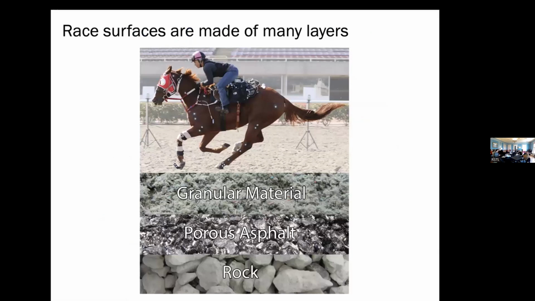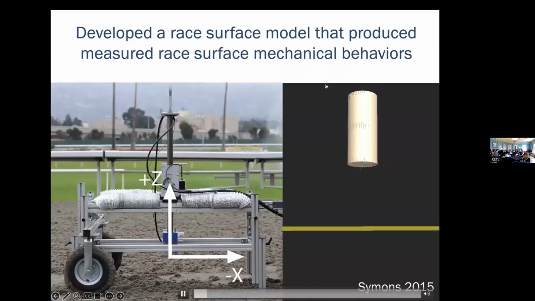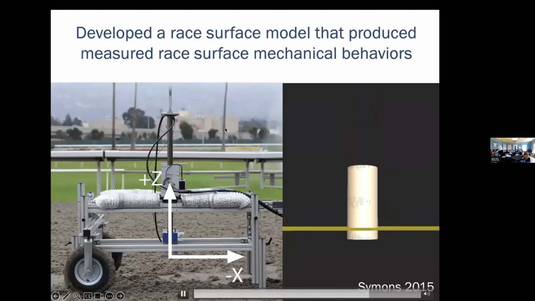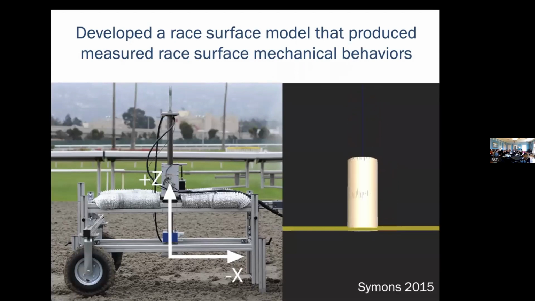Race surfaces are made of many different layers, so the behavior of the surface is the composite behavior of not only the cushion, for example, but the pad, the base, and things that are underneath it. This is our vertical impact device, it's fairly simple, measures the same things, but doesn't consider damping of the fetlock, for example.